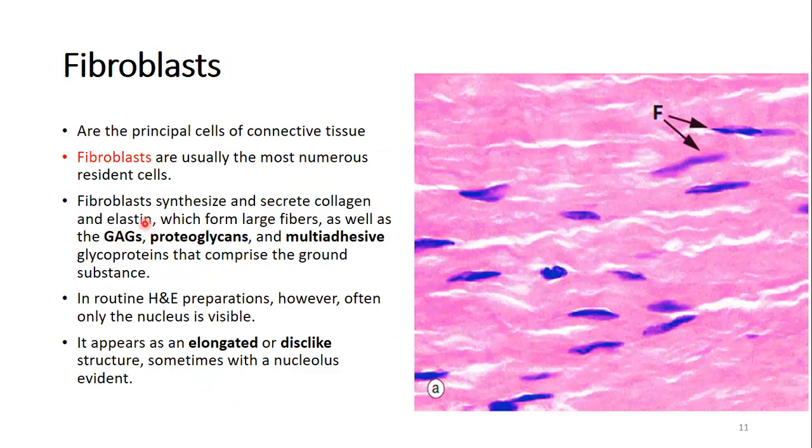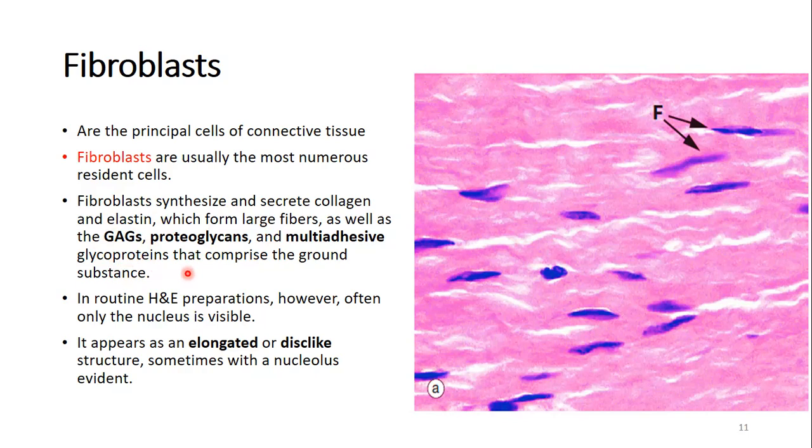GAGs is an abbreviation for glycosaminoglycans. Then proteoglycans and glycoproteins. These are the major elements of ground substance. I said this is a jelly-like structure.